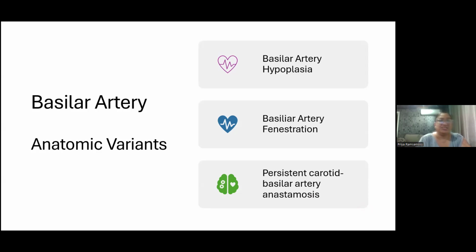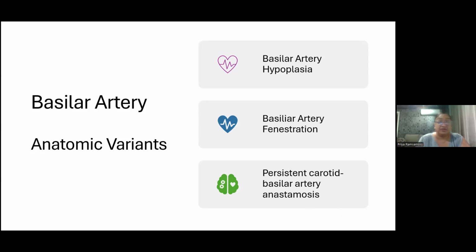And in essence, it's a variant that is characterized by duplication of a portion of the artery that are connected proximally and distally, right? Or persistent carotid basilar artery anastomosis. As I said, these are variant anatomical arterial communications between the anterior and the posterior circulations due to abnormal embryological development.